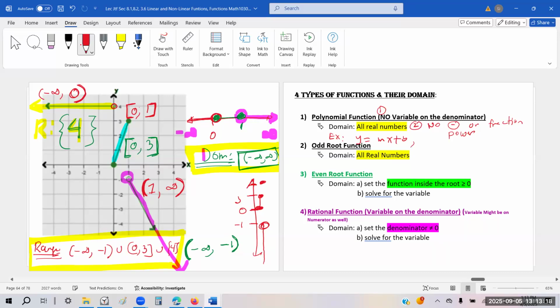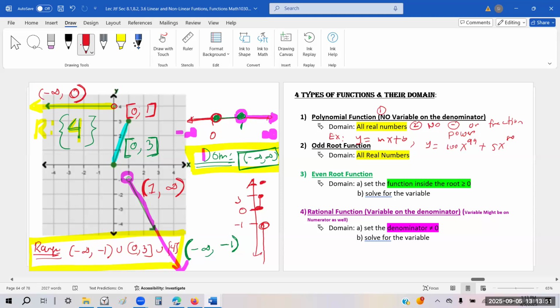Or y equals 100x to the 99 plus 5x to the 80. 99 and 80 are positive integers, and there is no variable in the denominator. It's a polynomial. So every polynomial is continuous, meaning the graph is continuous forever and ever. So that's why our domain is everything, negative to positive infinity.